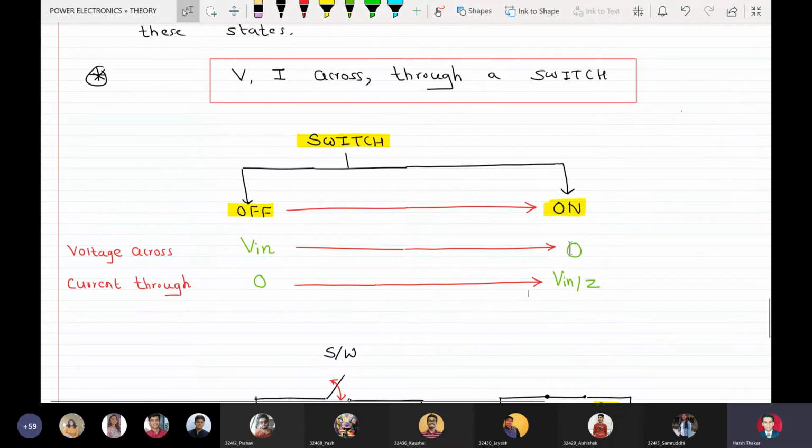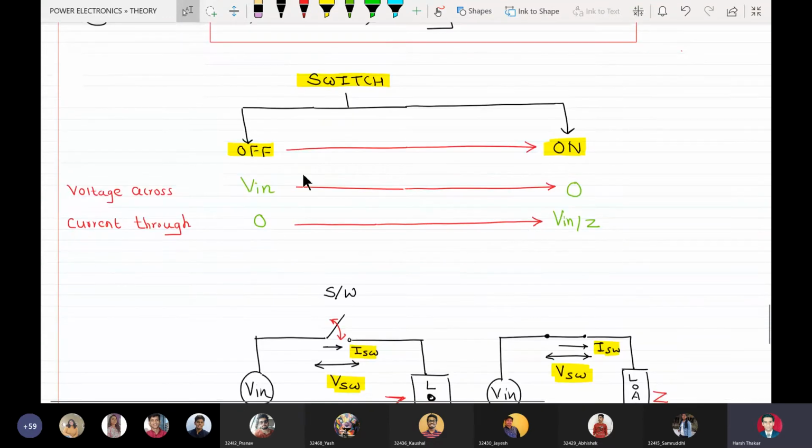That is the topic of discussion today. And understand one thing, that when we say that the switch goes from off to on and on to off in a finite amount of time, we have to write a comment here that off to on is called turn on time, which is not equal to 0.